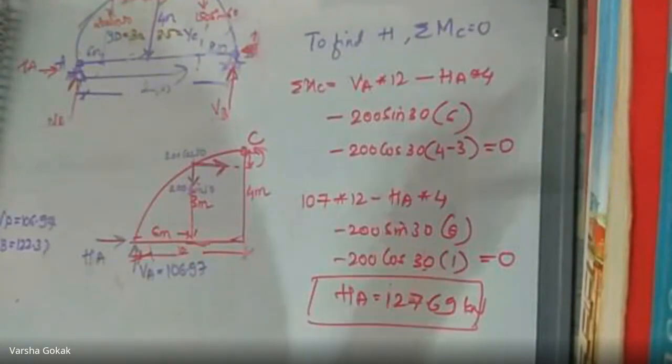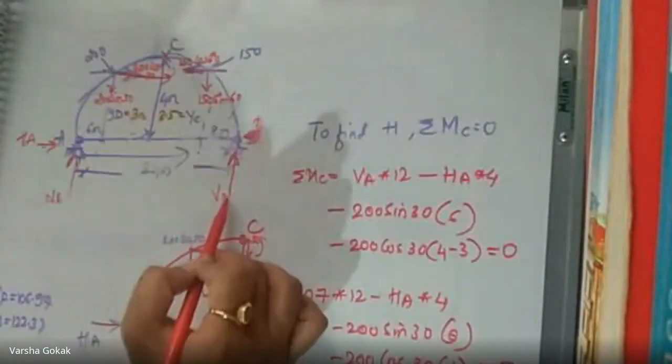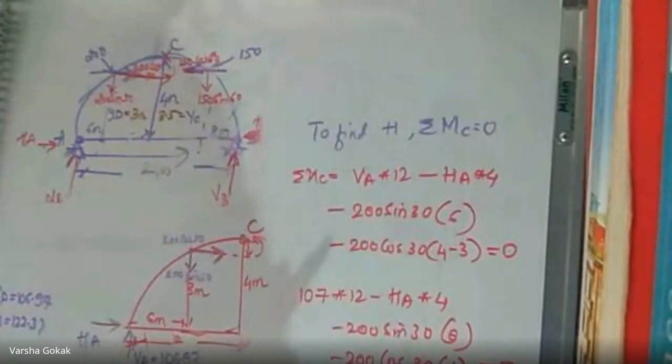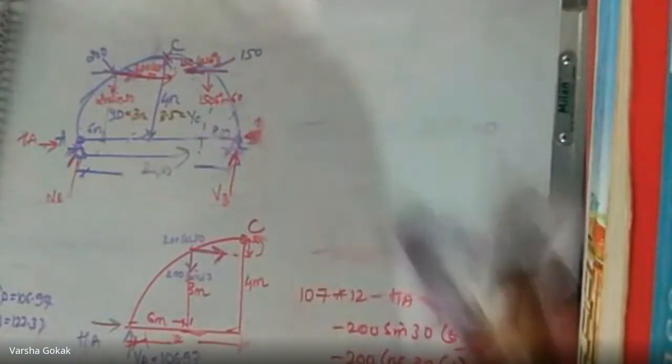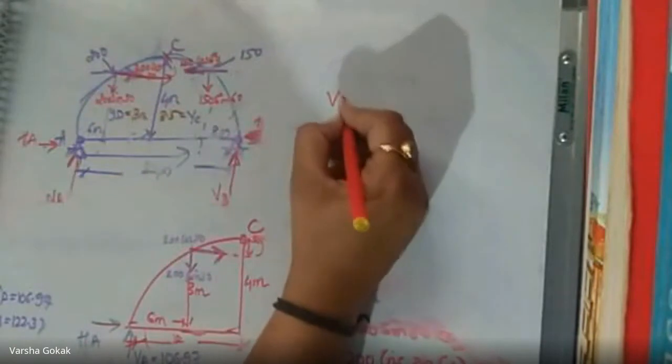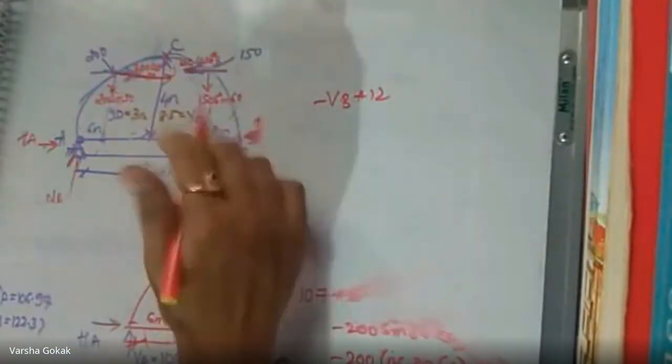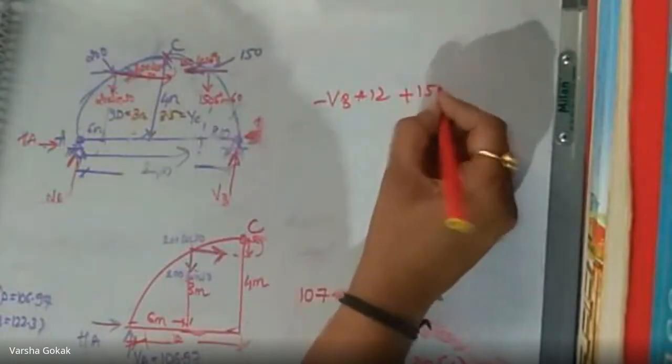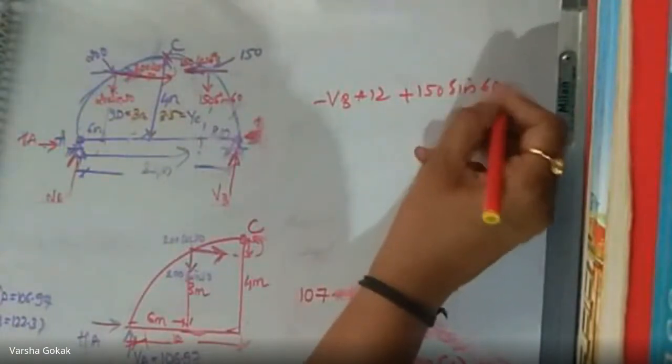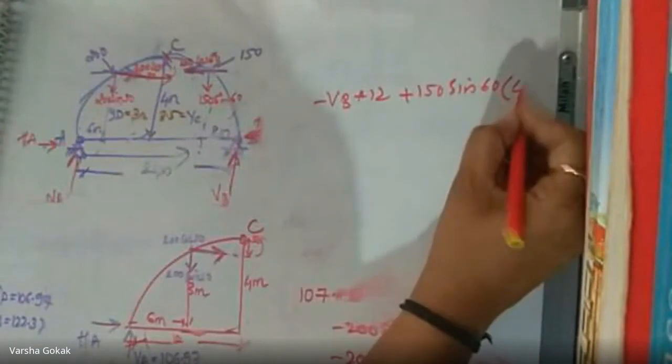And if I do from the other side, I have to get HC same, no? If I'm taking moment at C from the other end, that is this end, VB into 12, like that. So I will write that equation here only. Moment at C from the other half, I'm writing VB into 12, which is anti-clockwise. Okay, then plus 150 sine of 60 into 12 minus 8, that is 4.